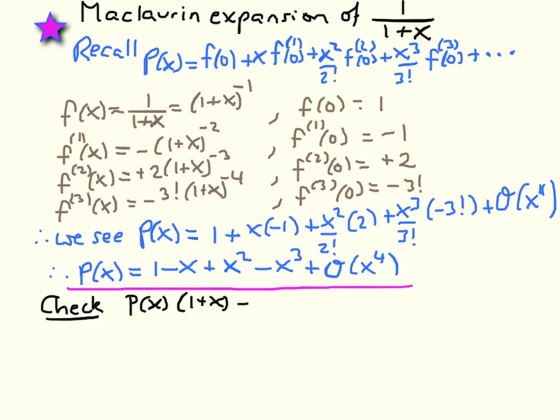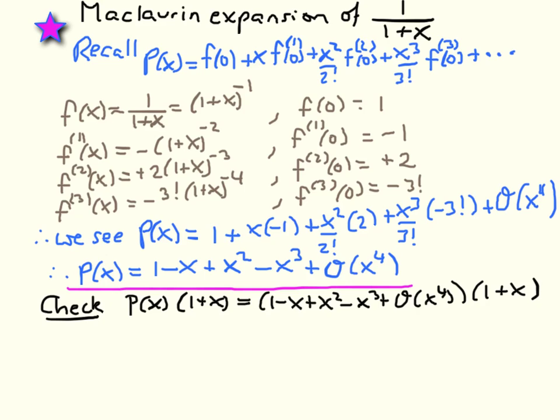So what we have is 1 minus x plus x squared minus x cubed plus order x to the 4th times 1 plus x. And I think it's useful to be quite explicit here that there are terms of order x to the 4th that are not written down in our expansion.